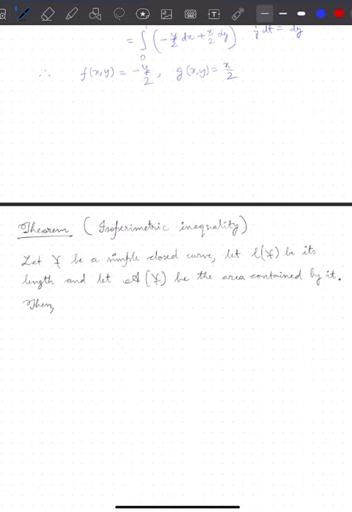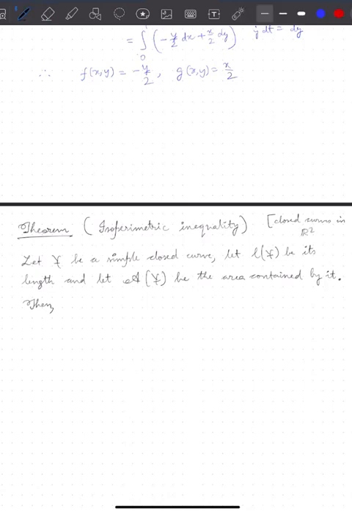Then what we have is, and mind you, we are still talking about planar curves, right? So all of this is also valid only for closed curves in R2.